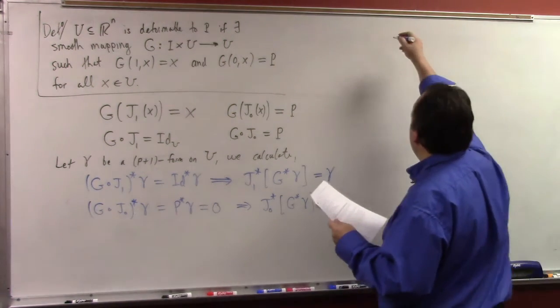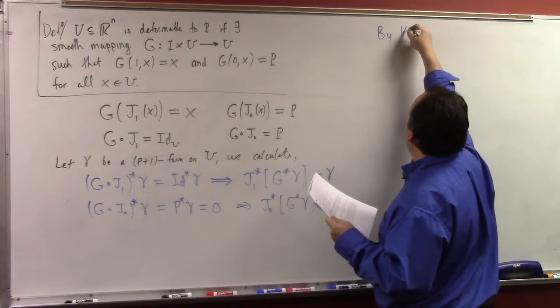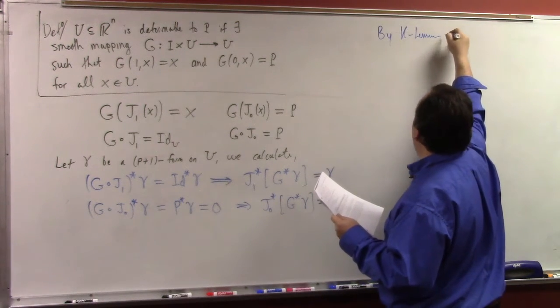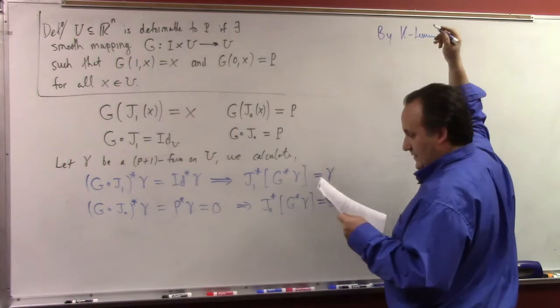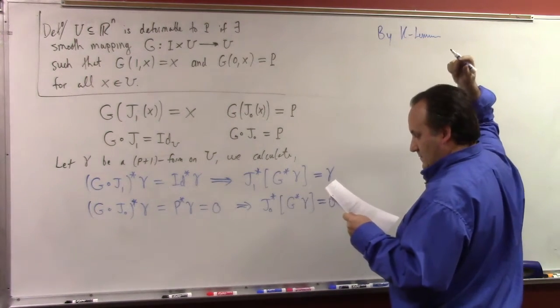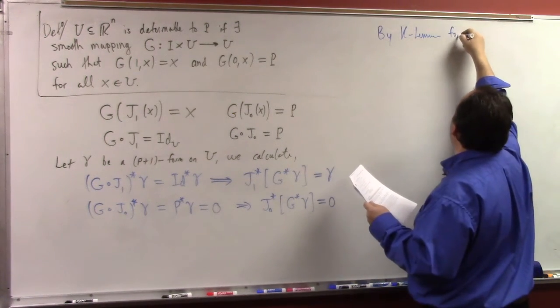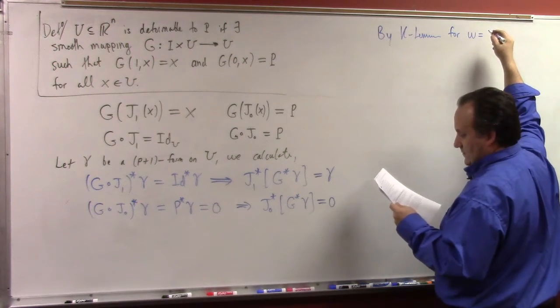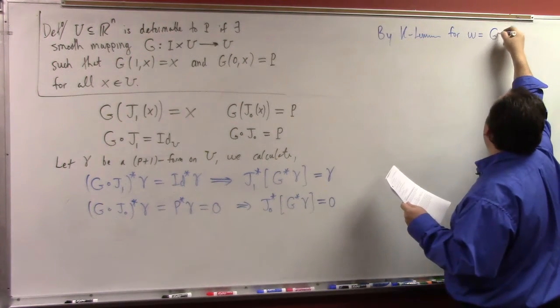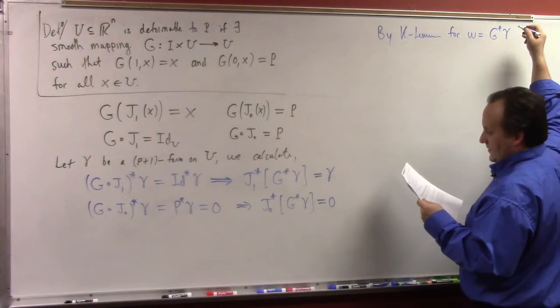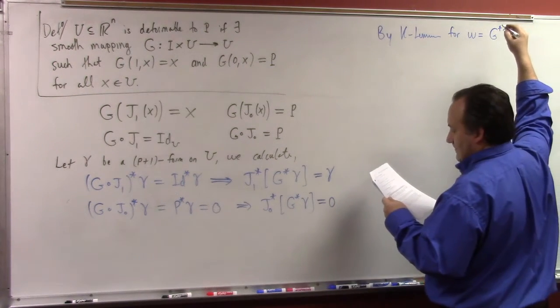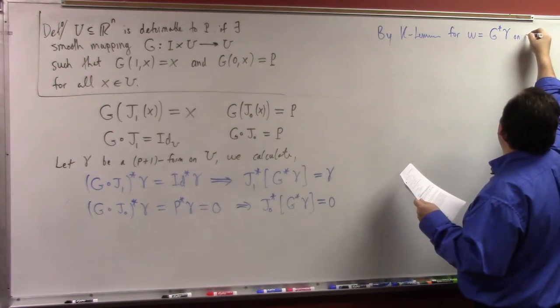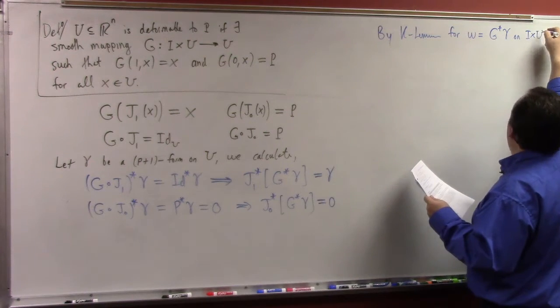So by the K lemma, for omega equal to the pullback under G of the form gamma on the cylinder, what does that give us?